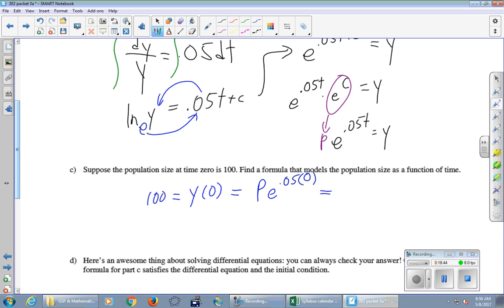E to the 0 is 1, so that's just P. How much is P? 100. P is the initial amount, right? It's always going to work out to be e to the 0 becoming 1. So y equals 100 e to the 0.05 t.